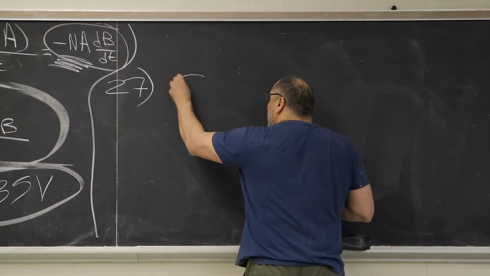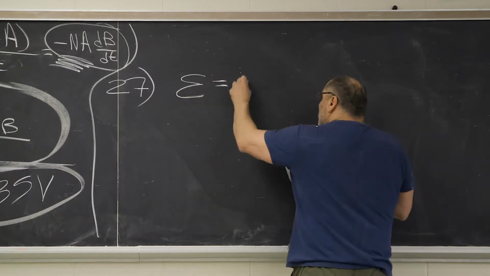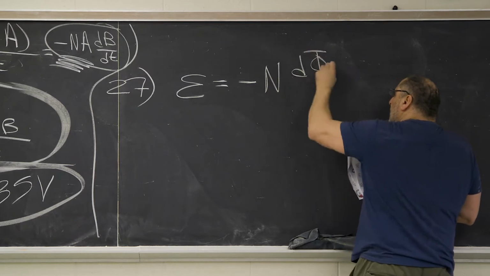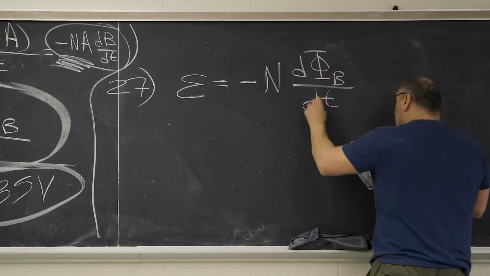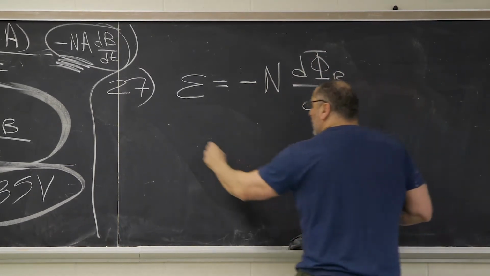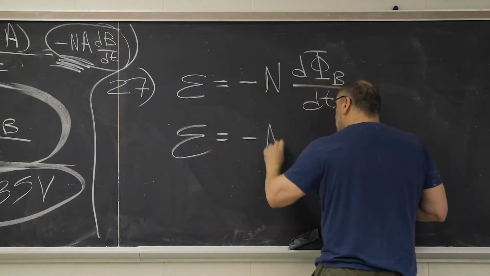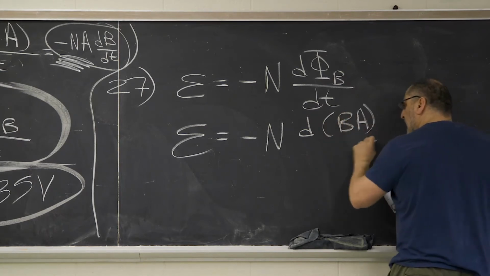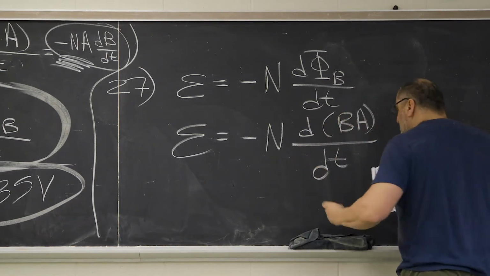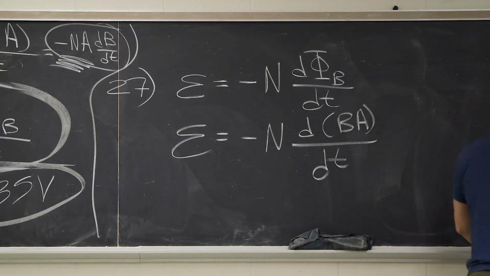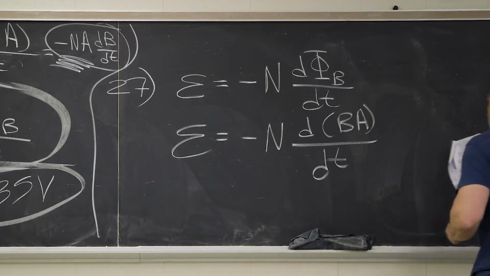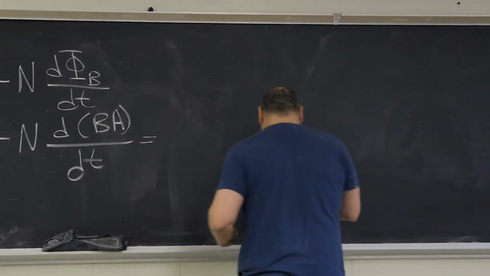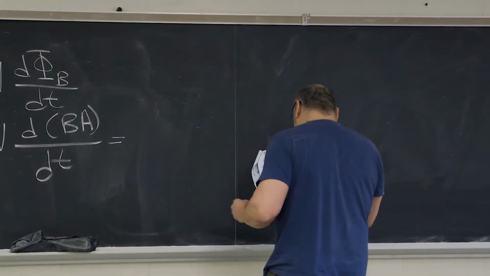And that is, you're saying that E is negative N, same kind of argument. So far, so good. As we proceed, they're essentially telling us that the area is not really what's varying here.